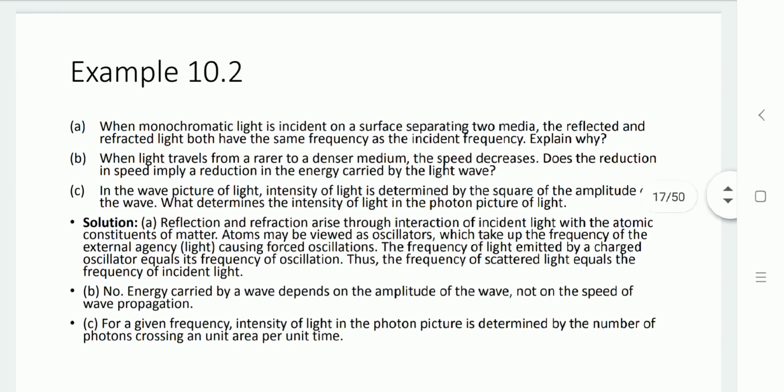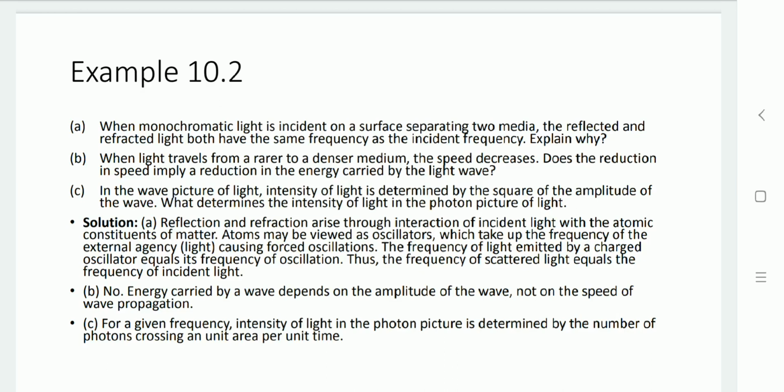Now let us go through the next example. When monochromatic light is incident on a surface separating two media, the reflected and refracted light both have the same frequency as the incident light. Why is it so?